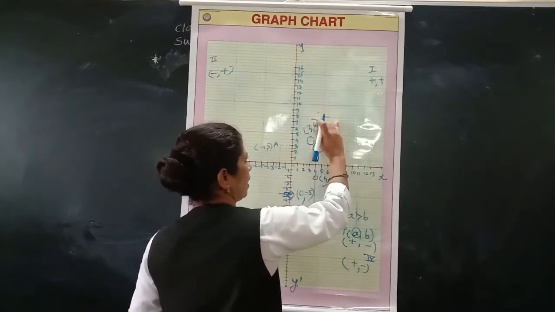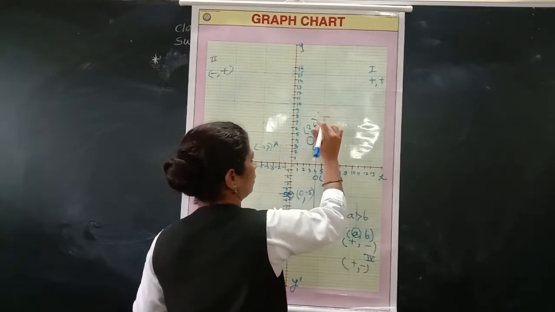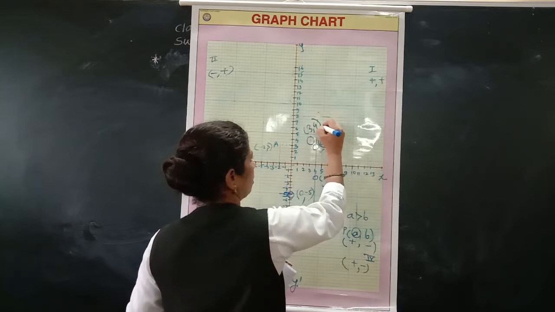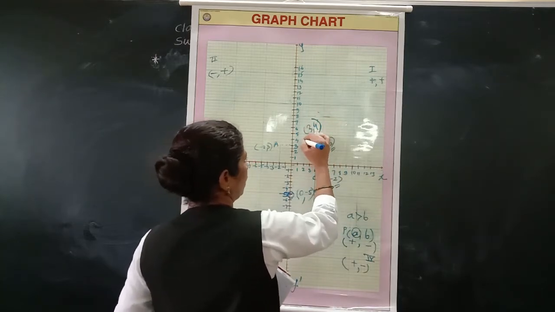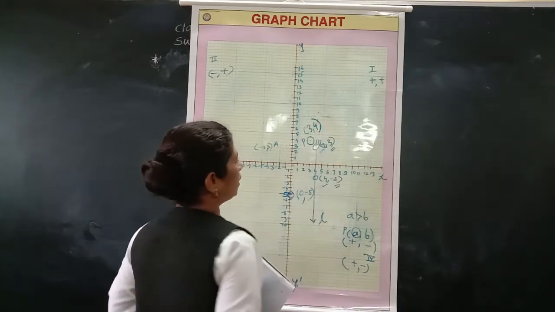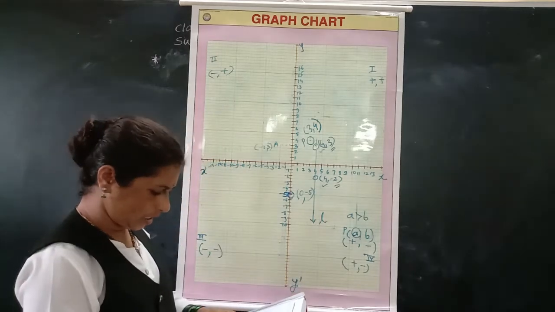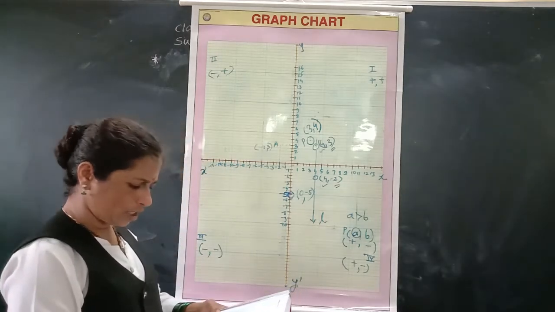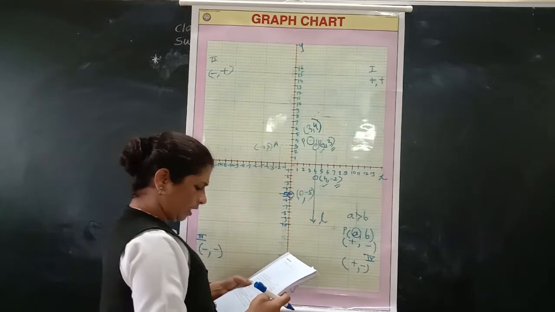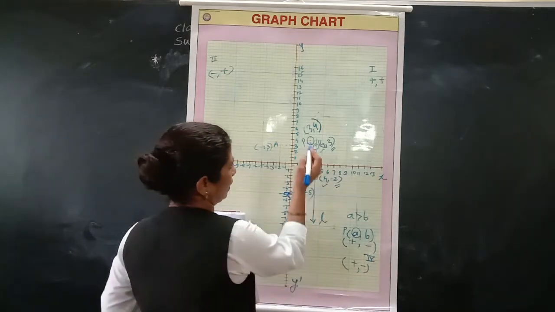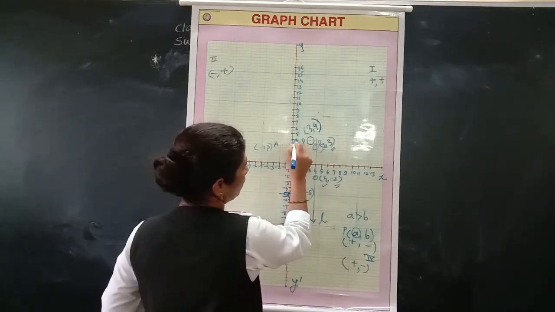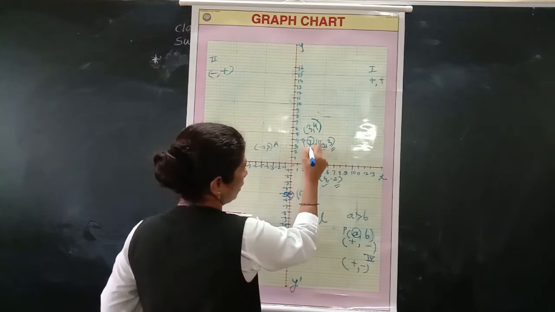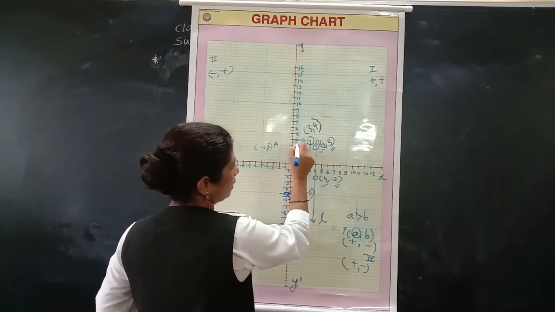Now I will erase this line here. So this is your point P, whose coordinates are (3, 4). The question is to find the perpendicular distance of point P(3, 4) from the y-axis.